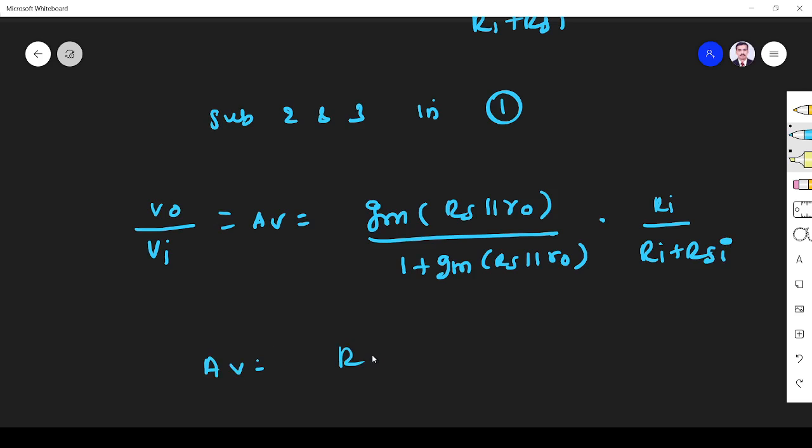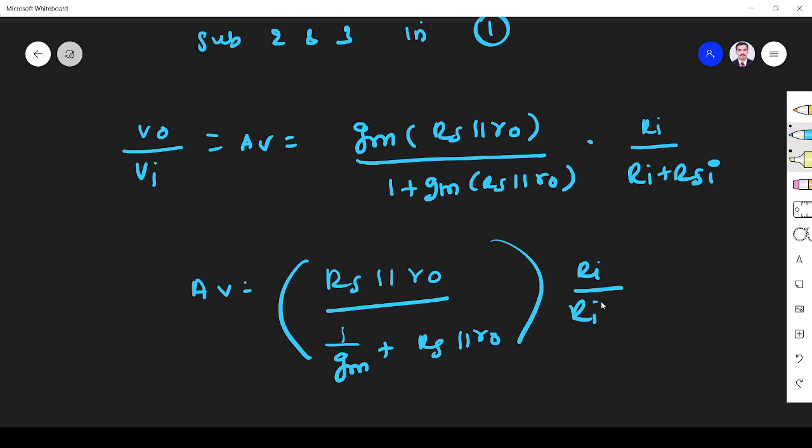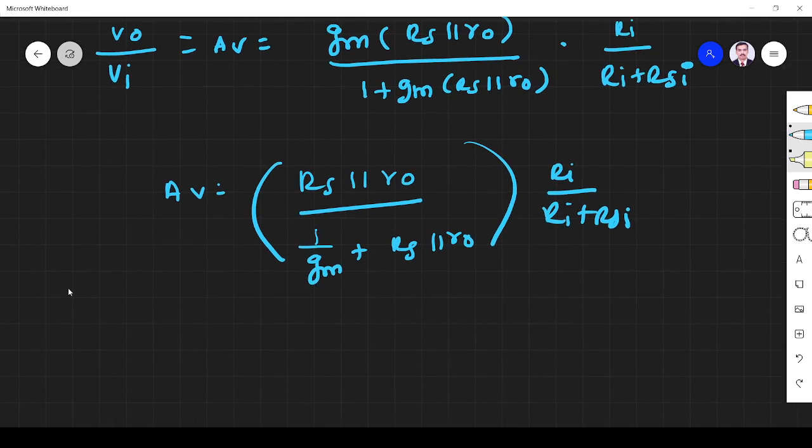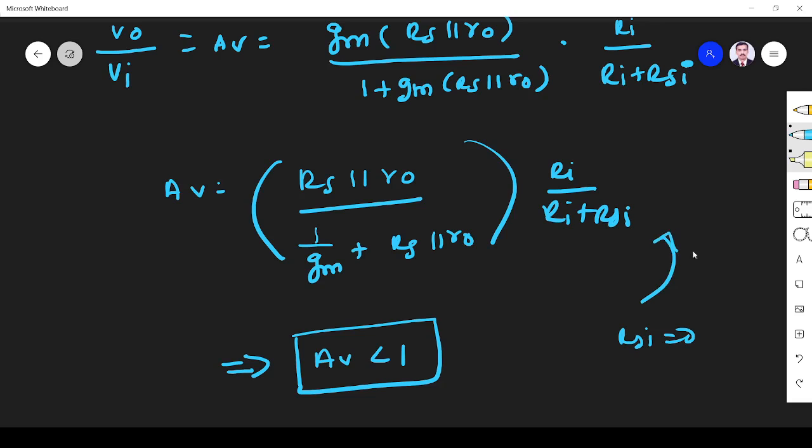Simply, AV is equal to RS parallel RO, I take gm outside, so gm will be cancelled, so it is 1 by gm plus RS parallel RO, into Ri by Ri plus RSI, right? So you see from this we can say AV is less than 1, right? It is RS parallel RO plus some value, so surely AV must be less than 1. If RSI is 0, it will become 1, right? Okay.